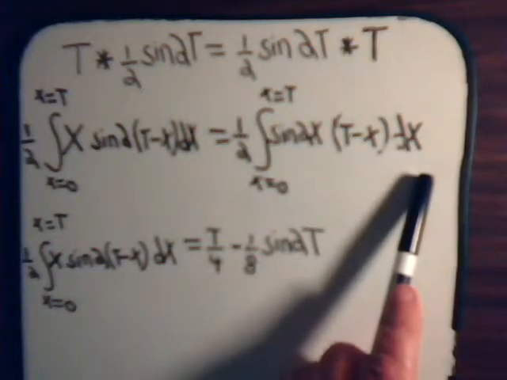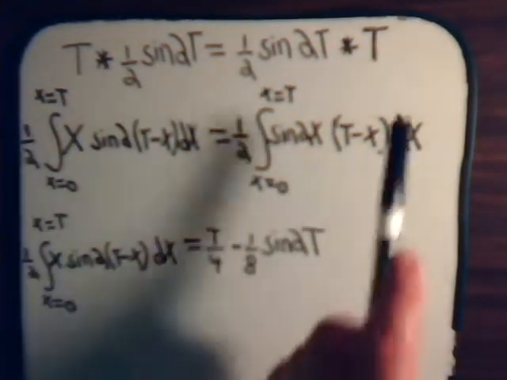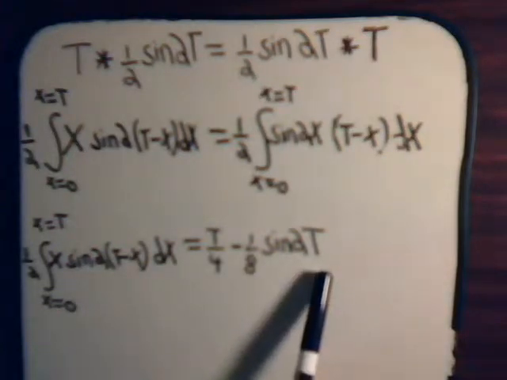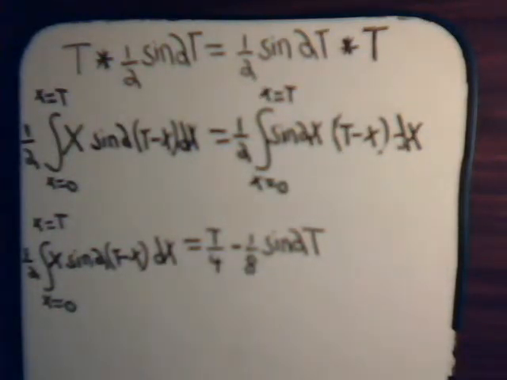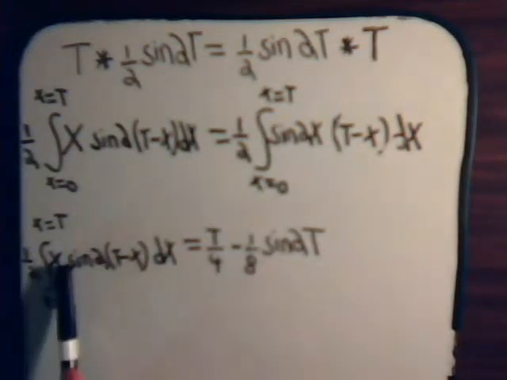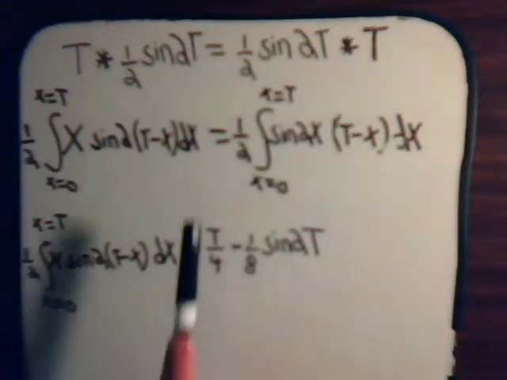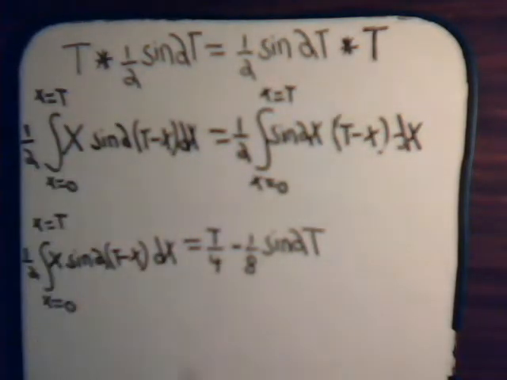Now we're going to evaluate this integral, which corresponds to this expression, and see if it gives us the same answer. So we're going to erase this and now work with this integral to see if it gives us the same expression as this one, that is t over 4 minus 1/8 times the sine of 2t.